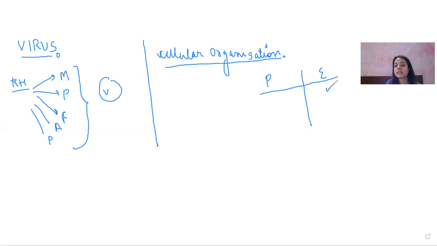Eukaryotic cells have a well-defined structure in which we saw the cell membrane is there, outer to the cell membrane is the cell wall, and they have a well-defined nucleus. Whereas in the prokaryotic cell, the nucleus was not well-defined. There was simply the cell wall present, and the nucleic content was present inside the cell wall in the cytoplasm, not having a nuclear membrane, and hence it was termed a nucleoid, right?